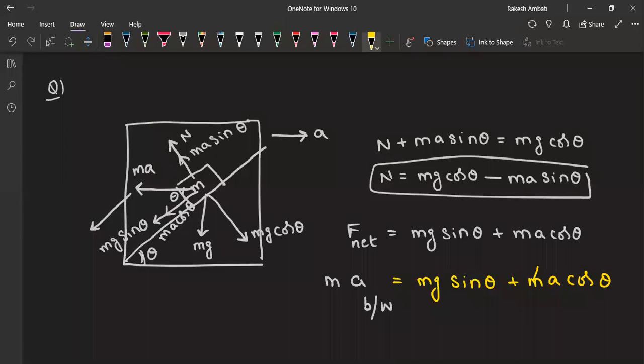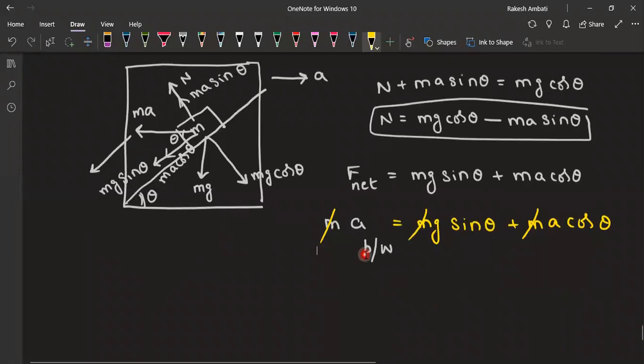So m cancels on both sides. Therefore, the final equation is acceleration of the block with respect to wedge equals g sin theta plus A cos theta.